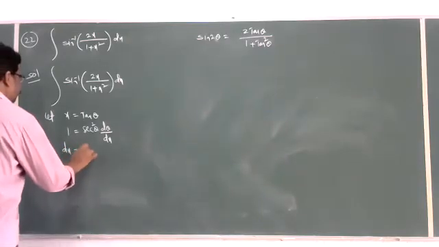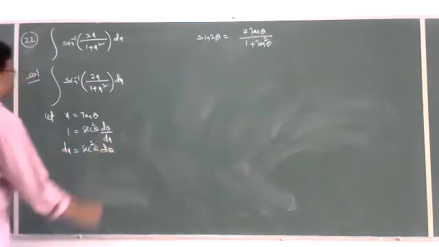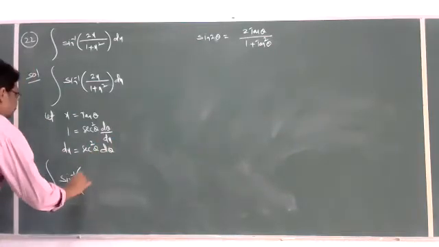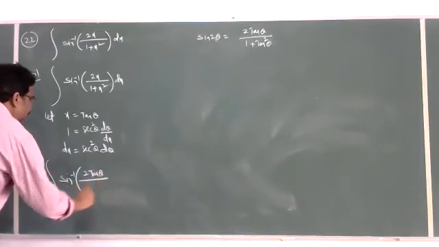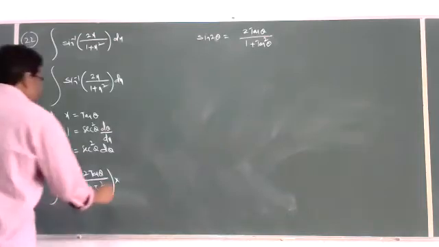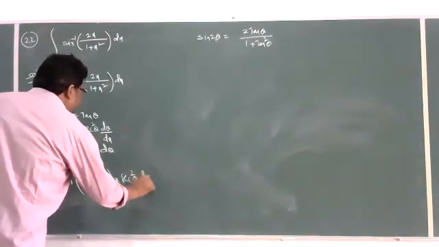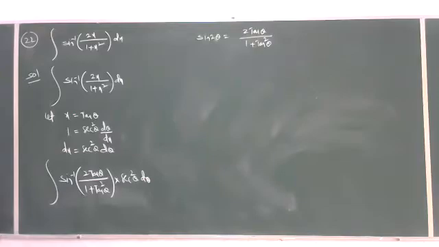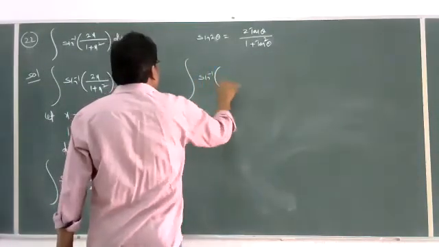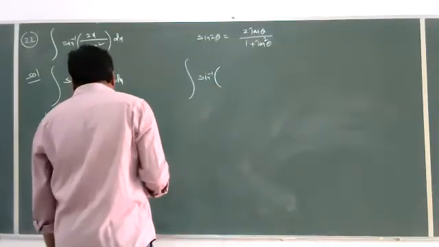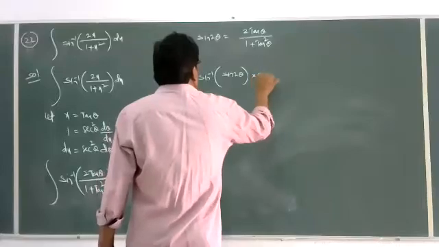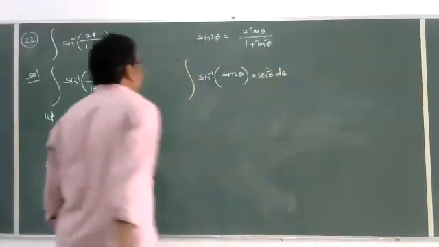That is dx is equal to secant square theta d theta. That is integral sin inverse of 2 tan theta by 1 plus tan square theta into dx, which is secant square theta d theta. That is integral sin inverse of sin 2 theta into secant square theta d theta.